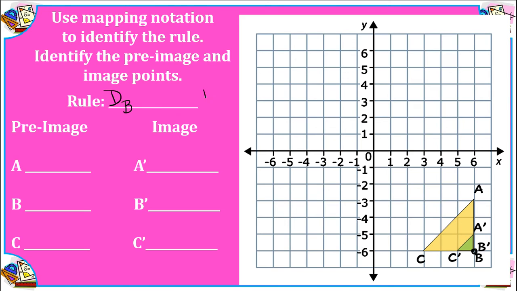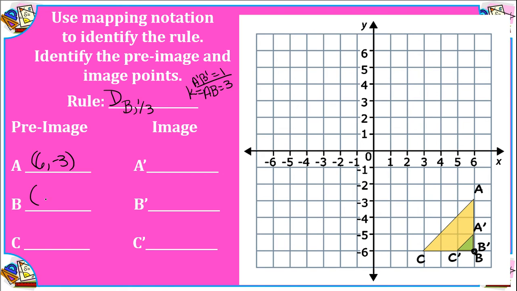So A B is 3. And then A prime B prime is 1. So our scale factor is 1/3. Again, make sure you compare the new to the original. So we have A is going to be 6, -3.